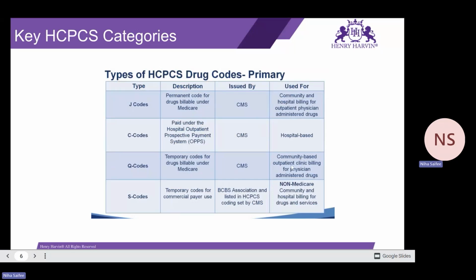Again, it is community-based outpatient clinic billing for physician-administered drugs. So J codes were for community and hospital billing, and this is only for community.